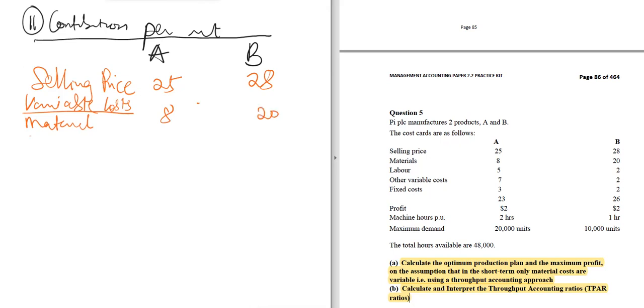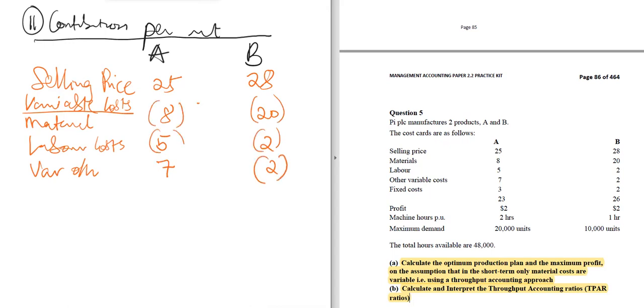We have labor costs, which is 5 and 2. Then we have variable overhead costs, that is 7 and 2. So we take all out from our sales. And what then do we get?